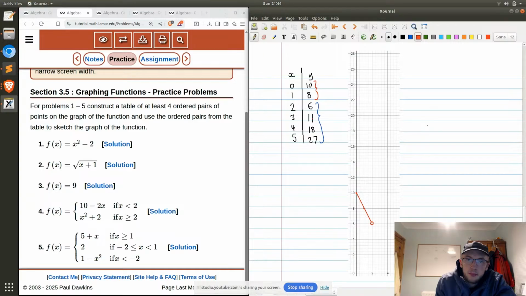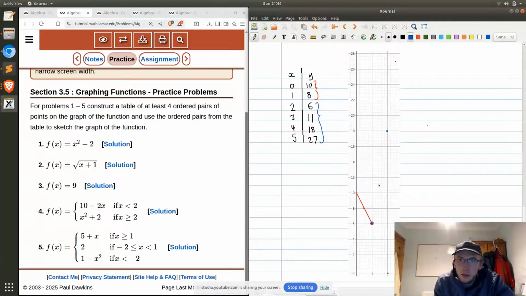And now for the second part of the function, and I'm going to do it in blue. So 2 would be at, oh, I see, 6. Interesting. All right. 3 would be at 11. So best as I can, something like that. 4 would be at 18. And 5 would be at 27.